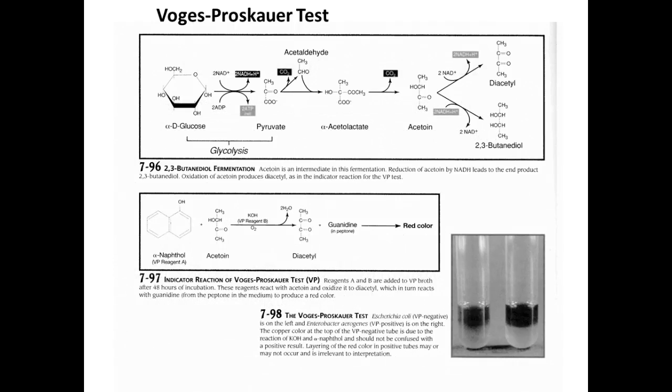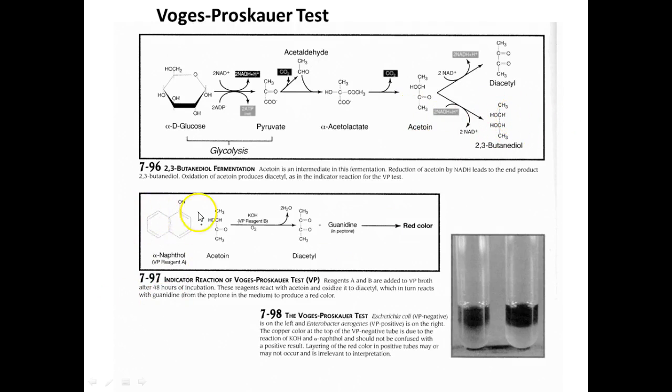So as you can see in your book, as I said, your organisms took the glucose in the media, broke it down to pyruvate, but then could not utilize it in the Krebs cycle for one reason or another, converted it into alpha-acetolactate, and then into acetoin, which then later can be converted into 2,3-butanediol.